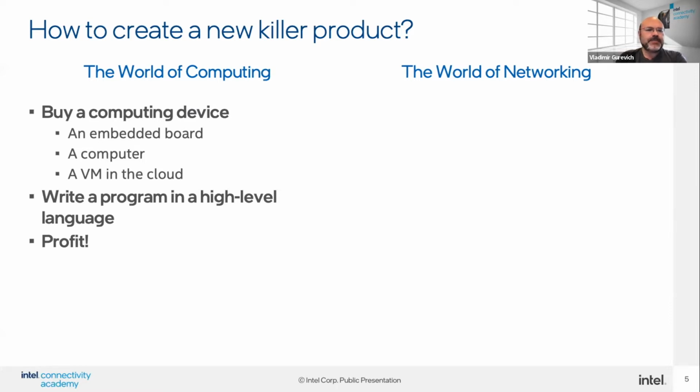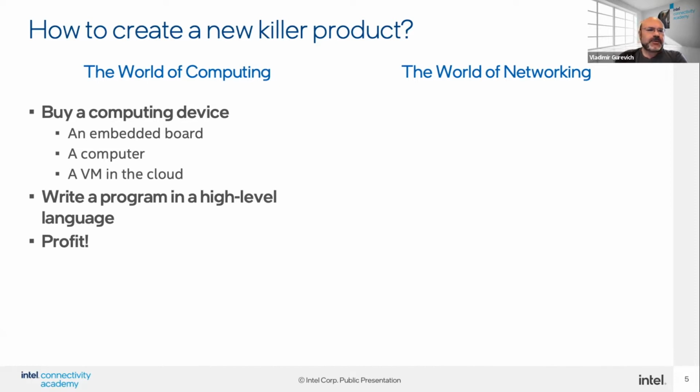You can buy a computer. You can, at the end of the day, just run a VM in the cloud. You write a program in your favorite language. It could be a big program, it could be a small program, and that's it. You can deploy it, you can even profit.